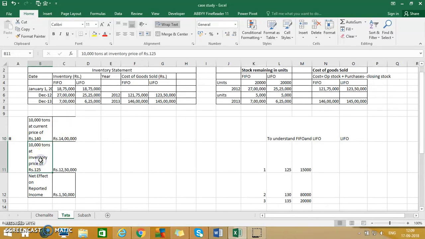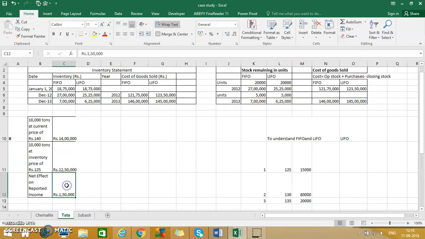While what would have been the benefit that the company would have if at all it retained its price? It would be at a rate of 125. So 14 lakhs is what it is incurring today at current price to buy this material, while the cost would have been 12 lakhs 50,000. So what's the benefit that it would have gained in the inventory?